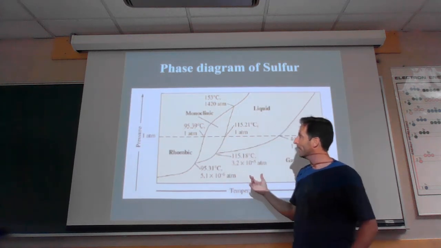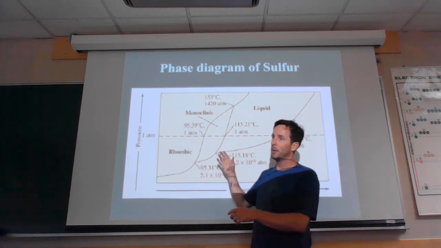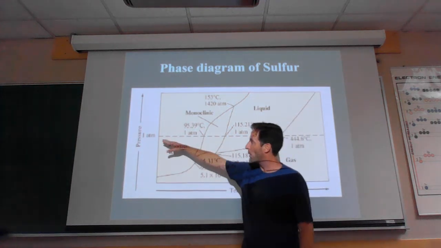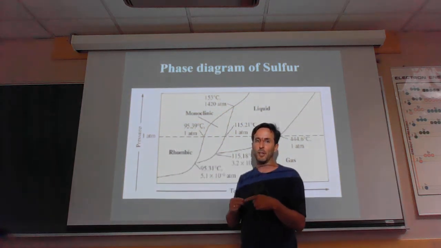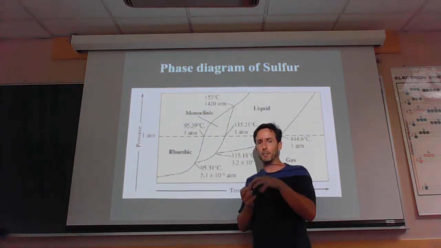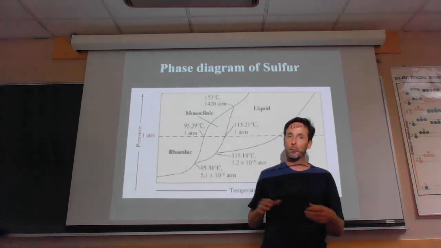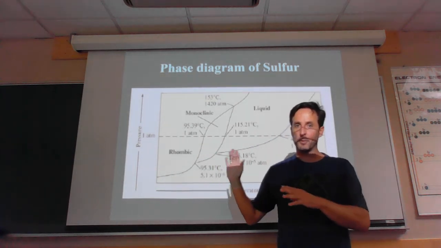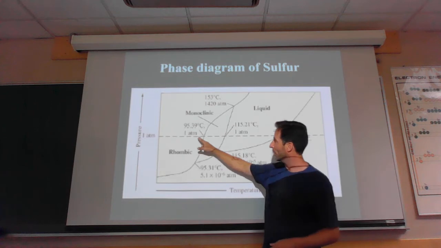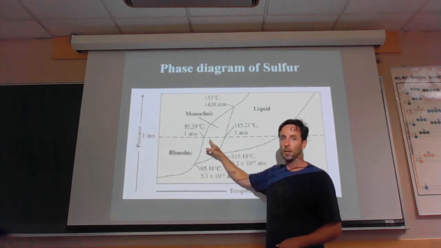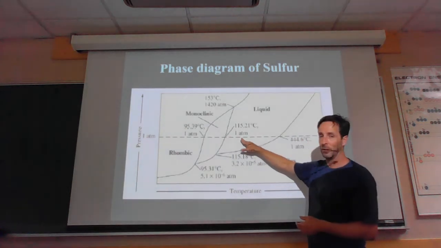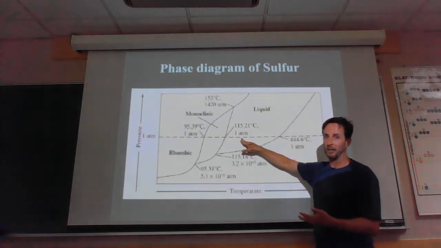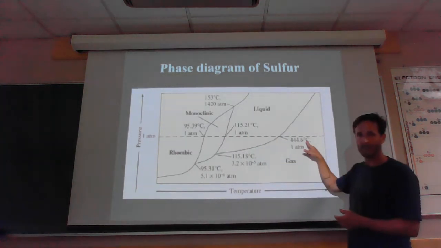So basically, at a given pressure, normal pressure, sulfur has a solid form, and then if you heat it up slowly, the structure will shift into another form, and it'll probably look different. I don't actually know what the two forms of sulfur look like, but they probably look significantly different as it shifts through. Then if you keep heating it up, it will actually melt and go into a liquid phase, and then if you keep heating it up, it would go into a gaseous phase.